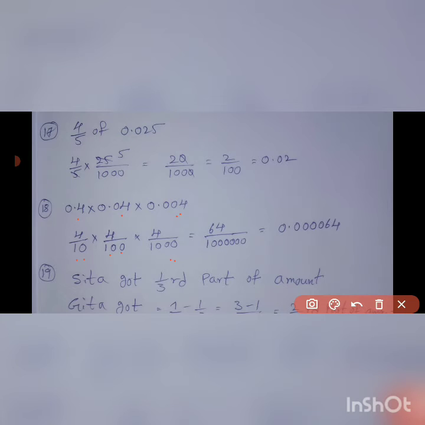So 4 by 10 into 4 by 100 into 4 by 1000. So 4 4s are 16, 16 4s are 64, 64 by 10 lakhs. So the value will become 0.000064. So the decimal point is after 6 digits because 6 zeros are there.